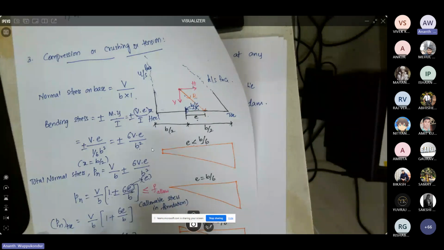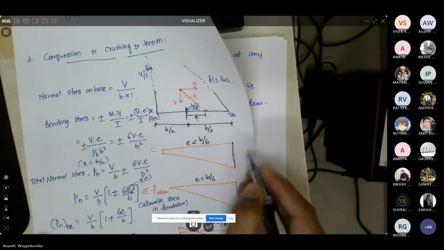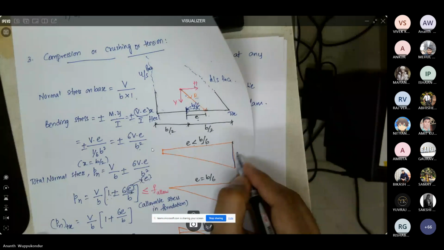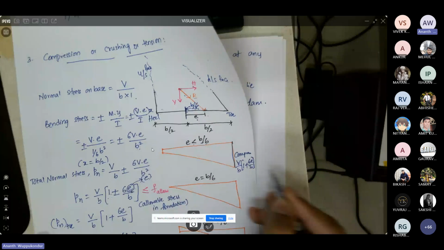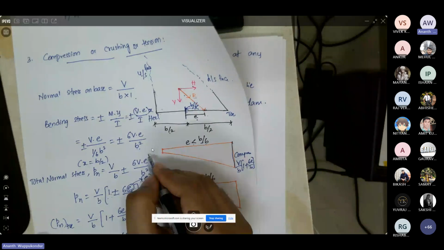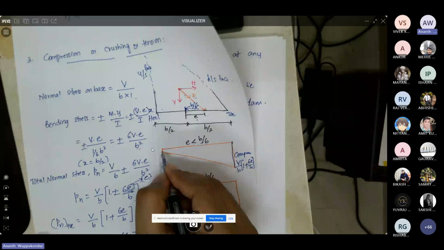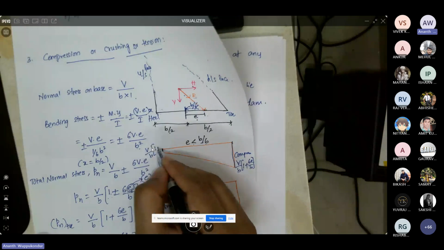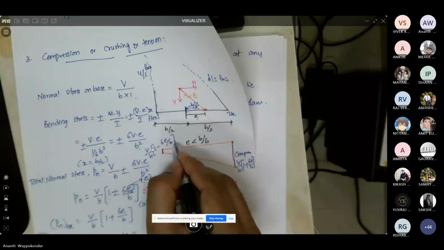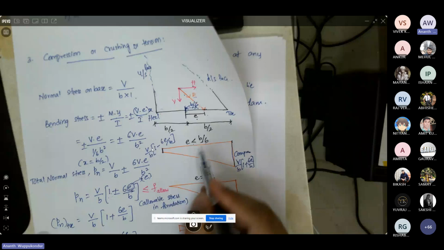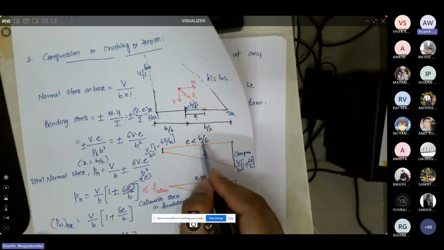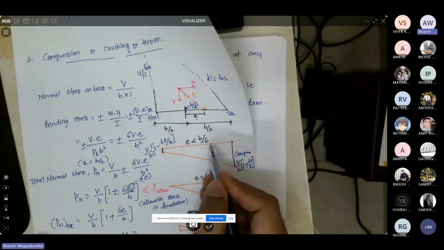So you would have compression here, which is V by B multiplied by 1 plus 6E by B. And here you have a smaller compression stress, which is V by B times 1 minus 6E by B. So when the eccentricity is less than B by 6, you have compression stresses at both the heel and toe.